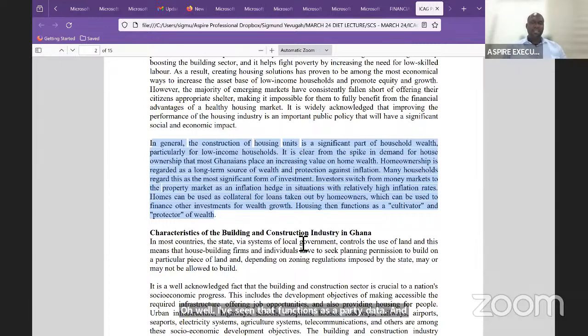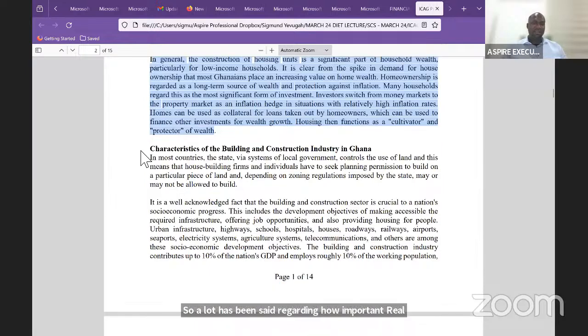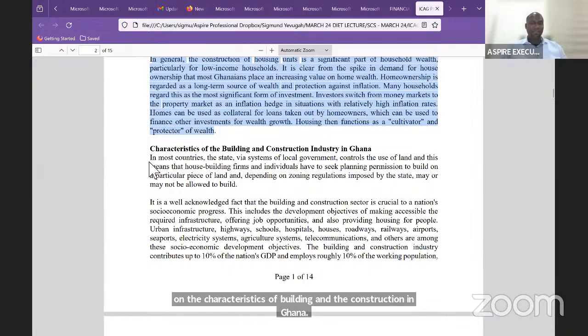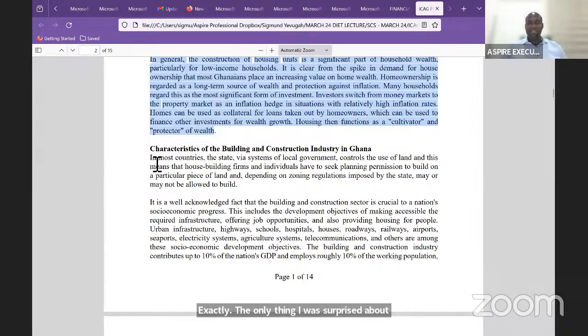Exactly. So a lot has been said regarding how important real estate is. We have also been given information on the characteristics of building and construction in Ghana. The only thing I was surprised about was that no information was provided on the Ghana Real Estate Developers Association, GREDA. I've not seen any information on that.